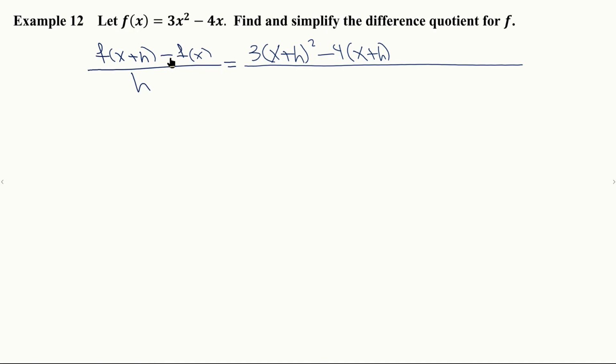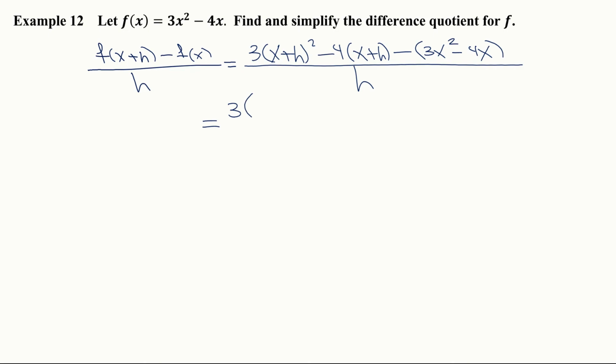So we still need to do minus f of x, right? So minus, now f of x is just that, right? We make sure we use parentheses because it contains more than one term. So we get 3x squared minus 4x in parentheses, and on the bottom we have an h. Now we go ahead and work this out using the formula we just learned.